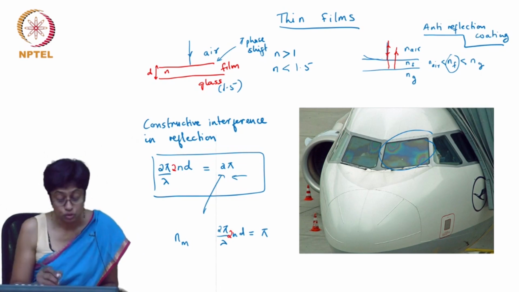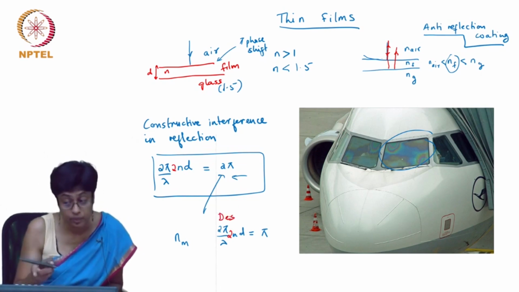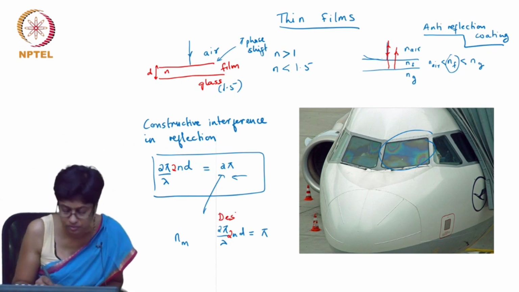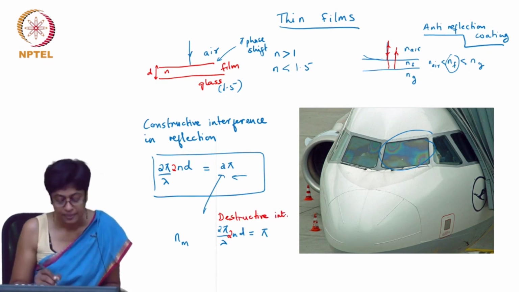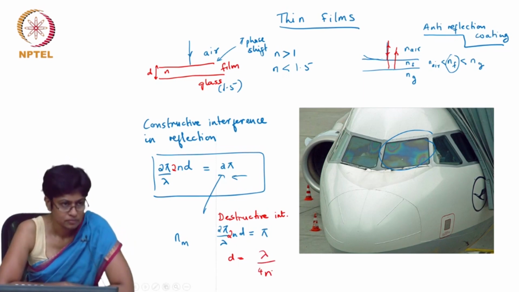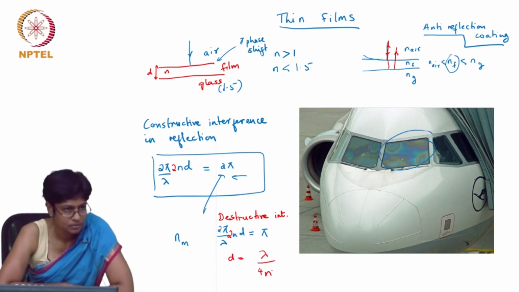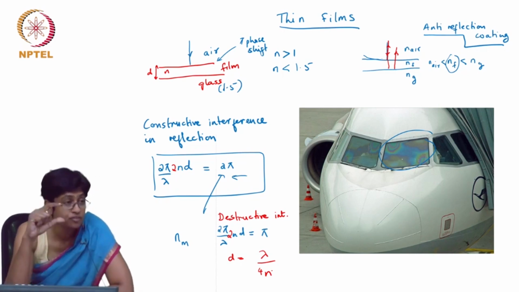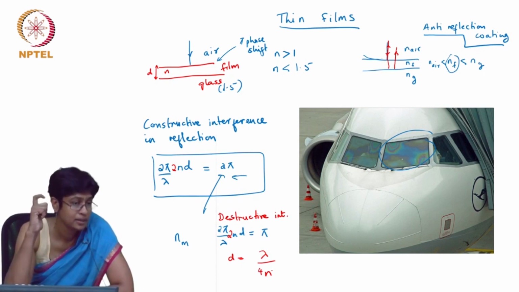Right. So, for destructive interference, and when I am doing anti-reflection coating, that is what I want, destructive interference. This is the condition. That means the thickness d has to be lambda by 4n. Right? So, I am saying for destructive interference, I need a film of quarter lambda thickness.